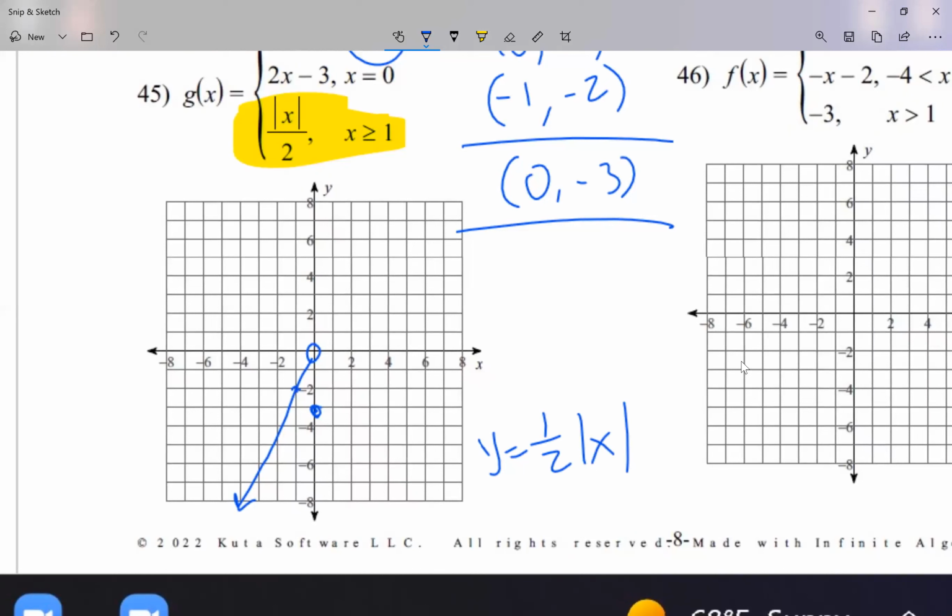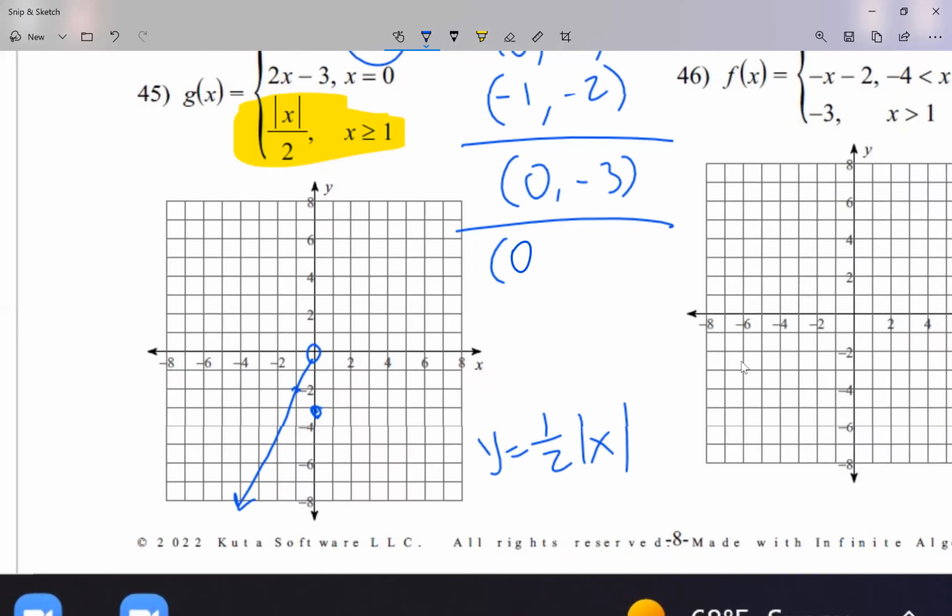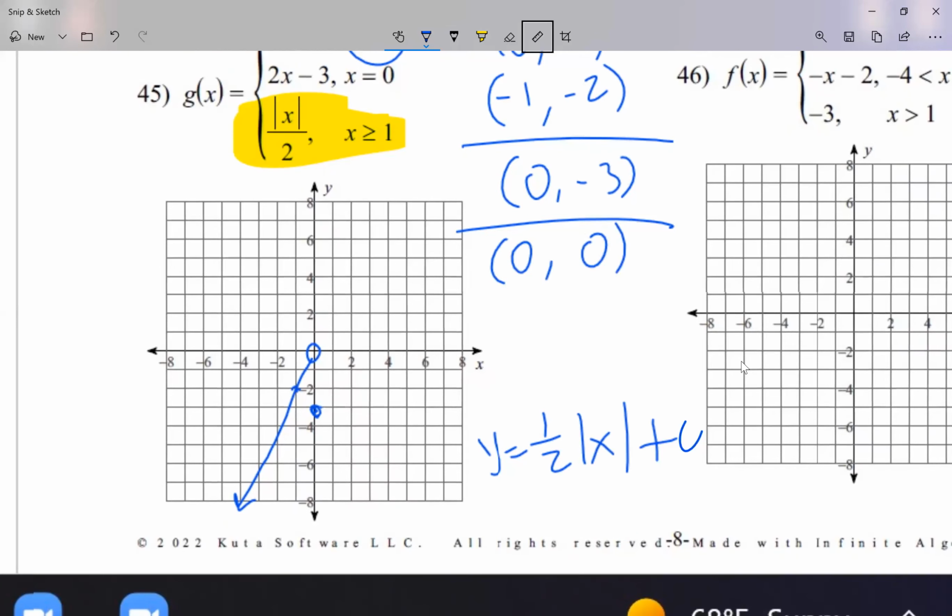The x is not at the bottom, right? So it's going to approach the x-axis. This looks like a V shape. Okay, so my vertex is 0 because the number inside of the parentheses, and 0 because technically this looks like a +0 there. So that's my vertex, my point 0, 0.